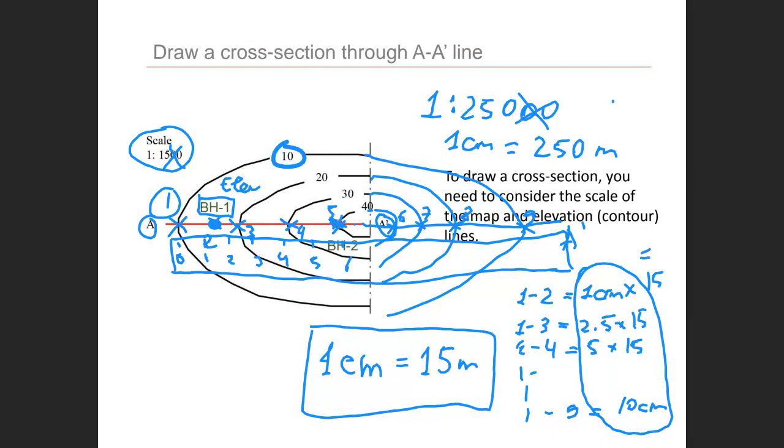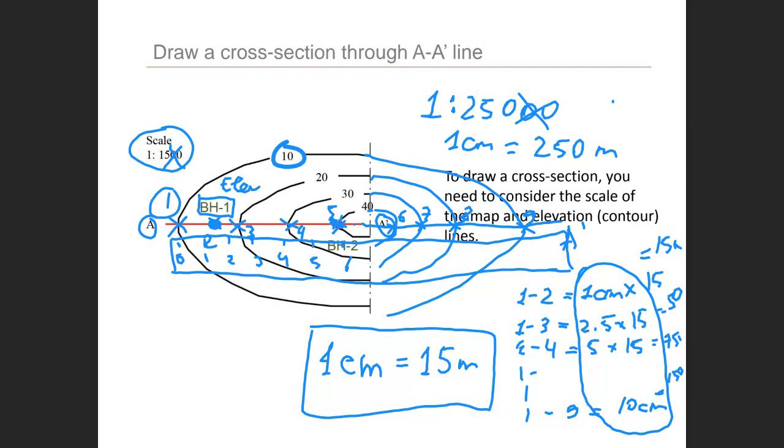So in this case, it's going to be 15 meters. This one is going to be 75 meters. This one I don't know, I'm just not very good at math. Let's say 50 meters, right? Just an example. And this is going to be 150 meters. So all these meters you will need to know to draw a cross section.